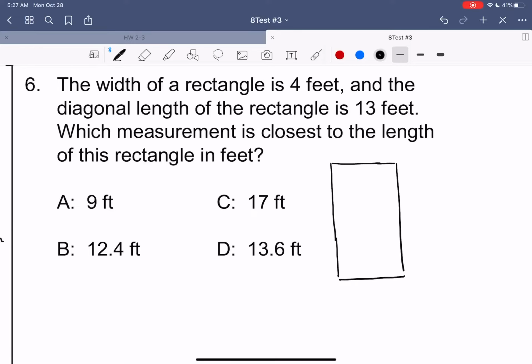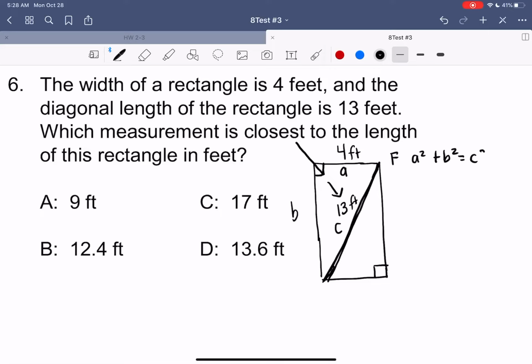it into two congruent triangles, and then we have a diagonal of 13 feet. Once we have a rectangle, we have right angles in all of the corners, but with this one divided in half, we have 4 feet, so we have A, B, and C, because once again, our right angle points to our hypotenuse, or C. So this is going to tell me that I need to use the formula A squared plus B squared equals C squared.